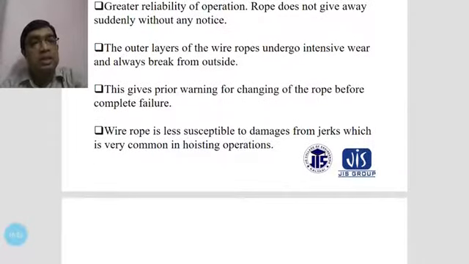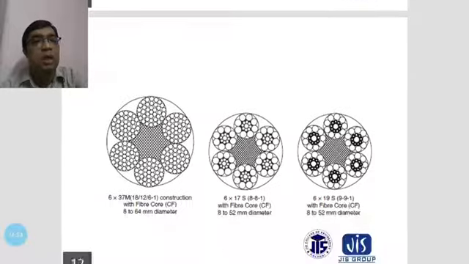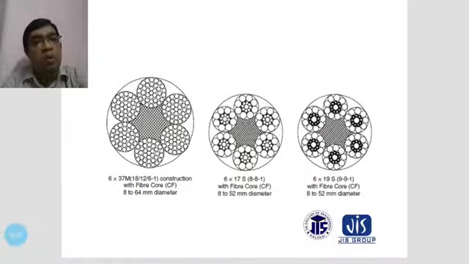Another thing is the different rope constructions. One is 6x37 with fiber core (FC), 18 by 12 by 6, with 8 to 60 millimeter diameter.